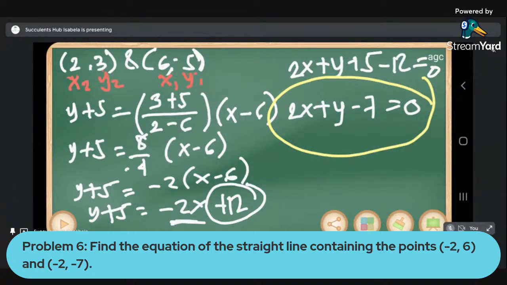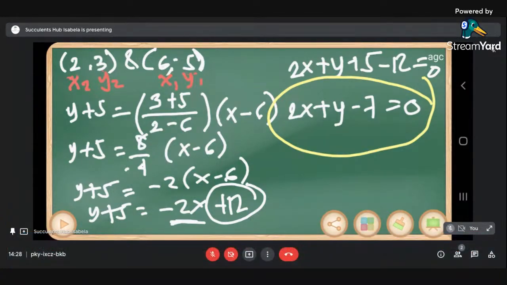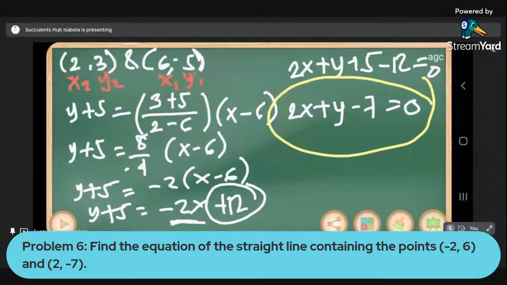Will you change this? Sorry. Sorry guys, paki-check nyo lang. Mali yung nailagay ko dito. It should be 2, negative 7. Not negative 2, negative 7.